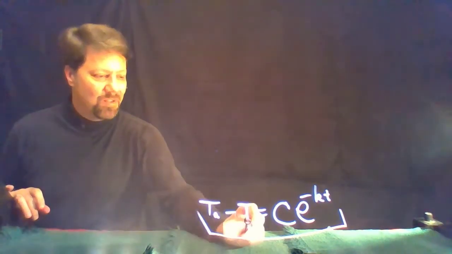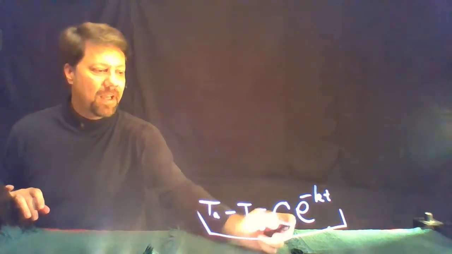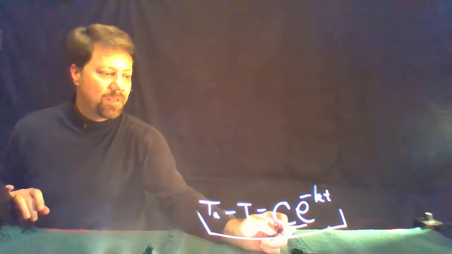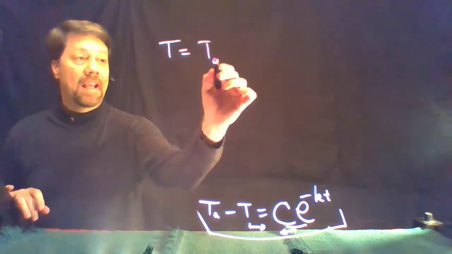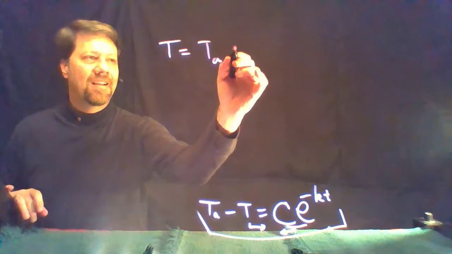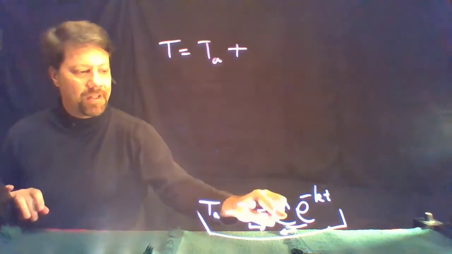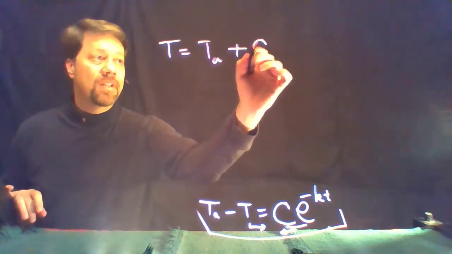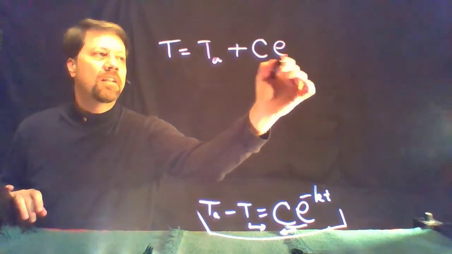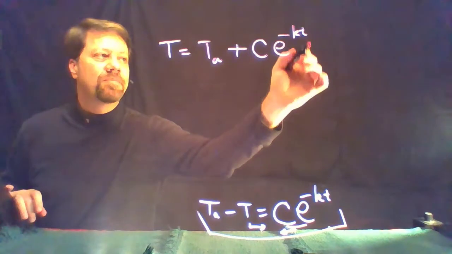Solving for t, we can move t to the right and this entire term to the left, yielding t is the ambient temperature TA. I'm going to write this as plus, even though when it comes over it should be minus. The minus can be absorbed into the constant of integration, e to the minus kt.